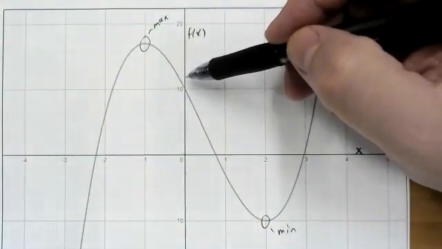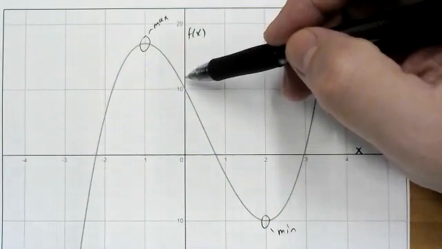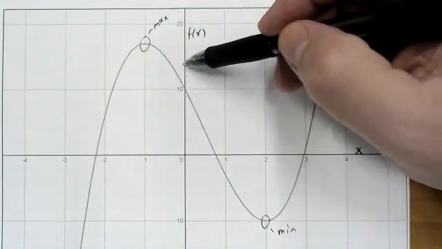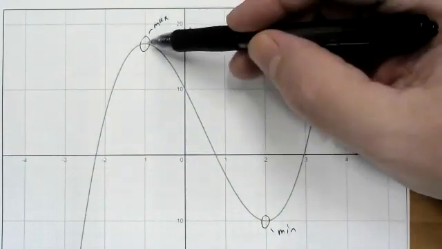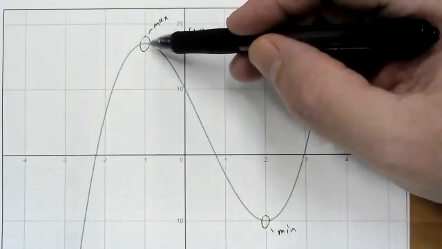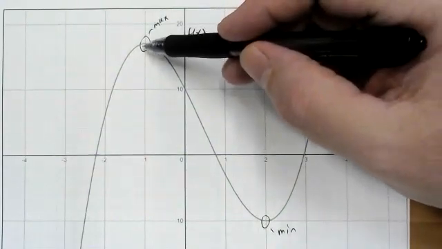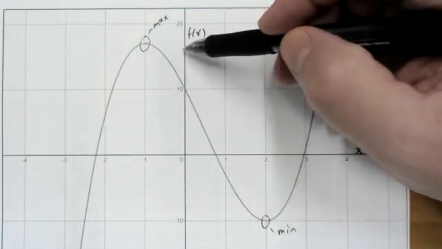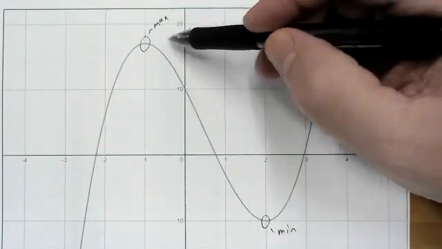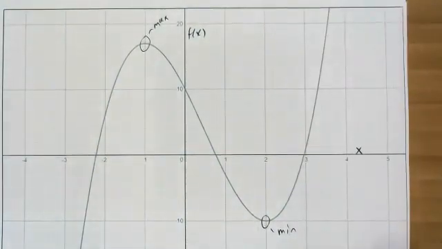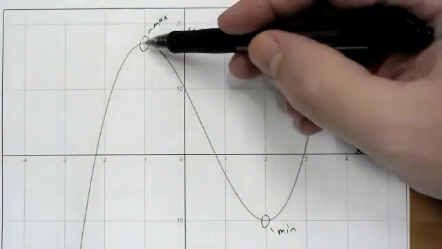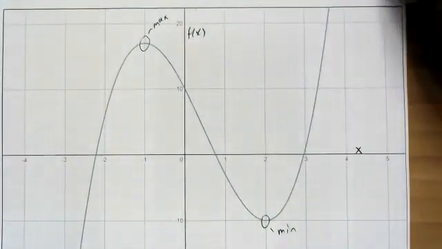So looks like each hash mark is going to be 2, right? 12, 14, 16, 18, 20. You can't tell for absolutely sure, but it looks like this is pretty much halfway in between 16 and 18. So I'm going to make a pretty good guess. It looks to me like the value of the function at the maximum is 17.